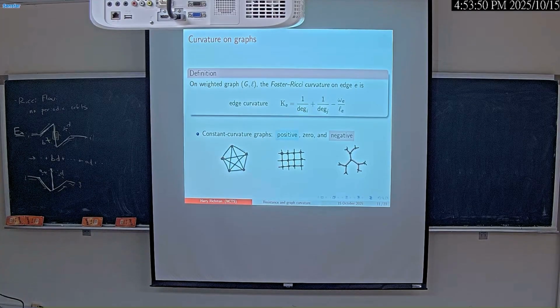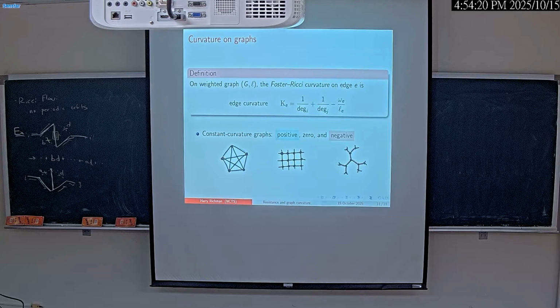So using this formula, the notation I'm using is that edge E goes between vertices I and J. Here in this case, on one side, this vertex has degree 3. There are 3 edges connecting here. On this side, in this example, the degree is 4.